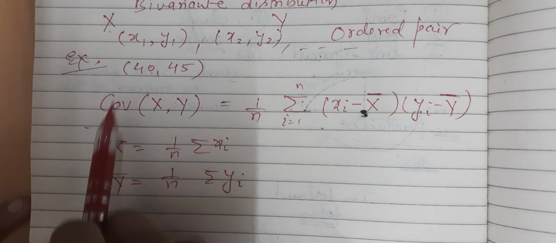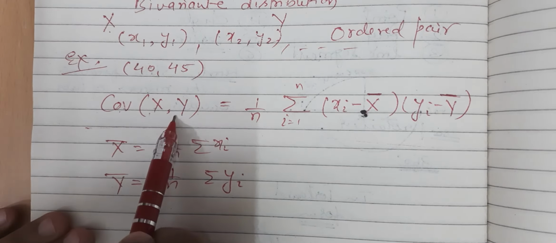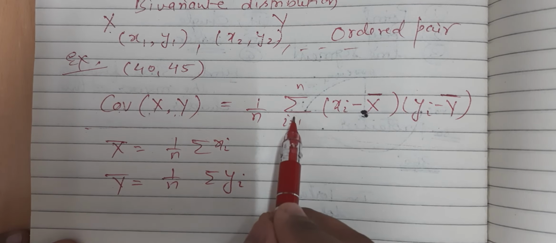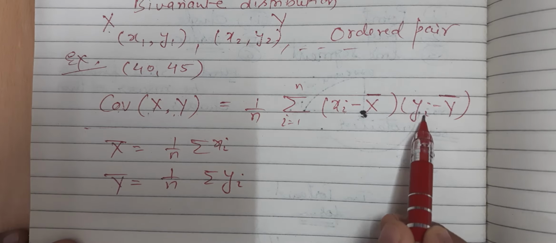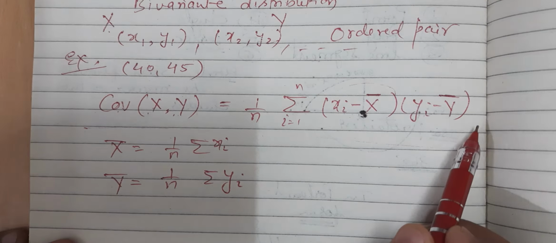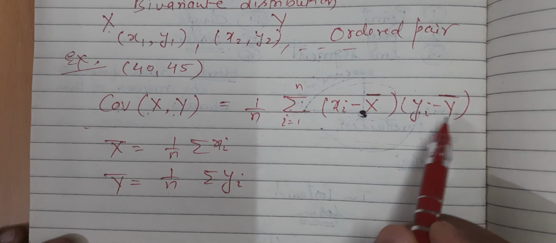So the covariance between x and y is the arithmetic mean of the products of corresponding deviations of the x and y series from their respective means.